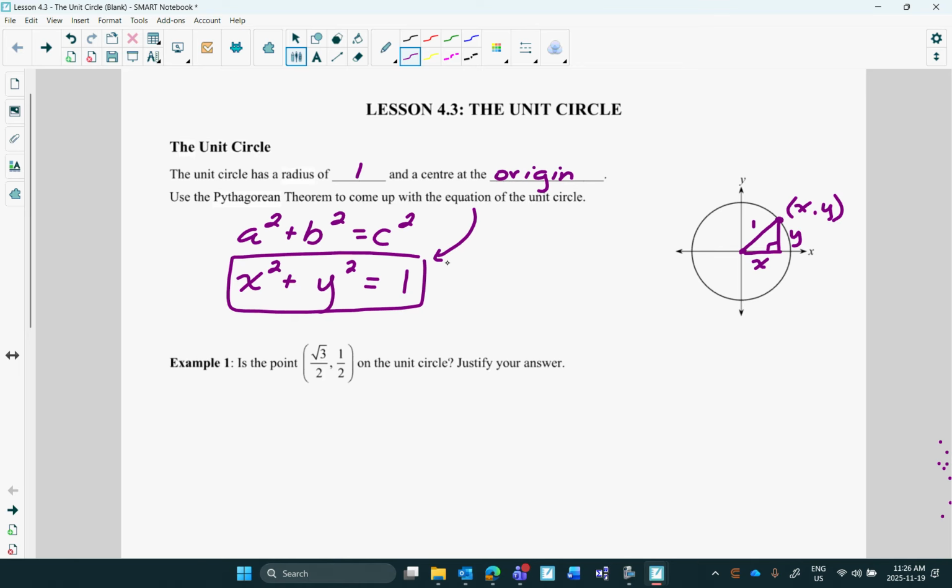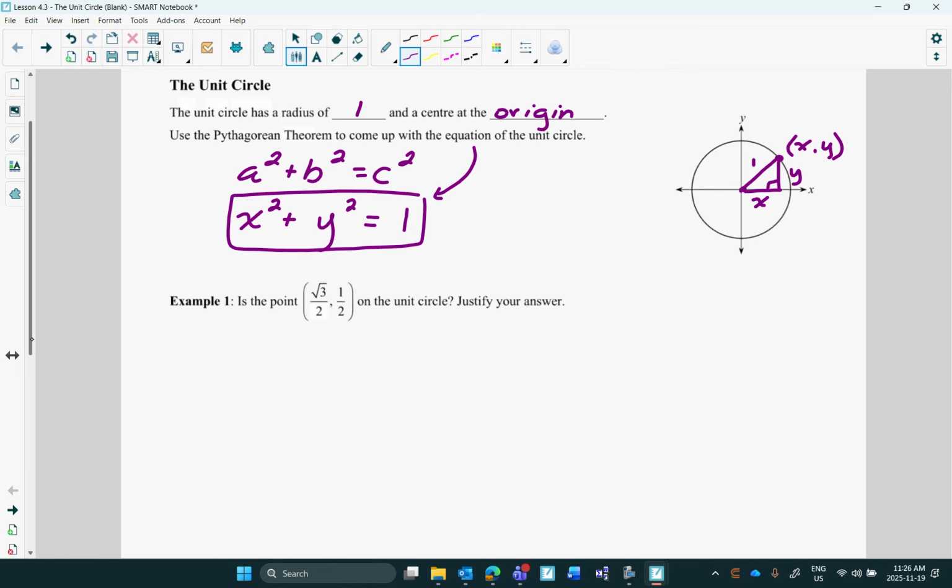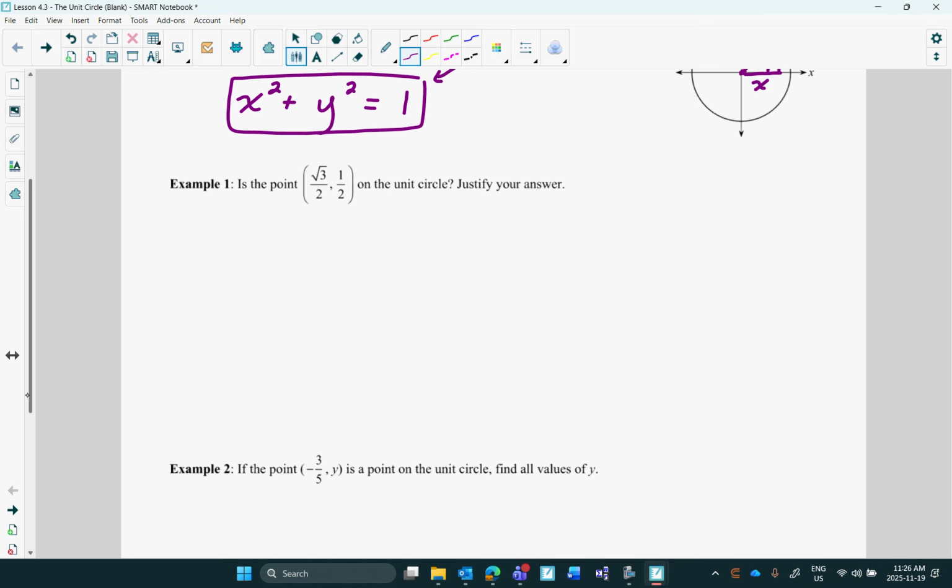How about this point? Is this point on the unit circle? Well, we have to check it out. This is the x coordinate, this is the y coordinate. Remember the equation for the unit circle. Does the x coordinate squared plus the y coordinate squared equal 1? I've got to figure out the left side. If it does, this point is somewhere on the unit circle.